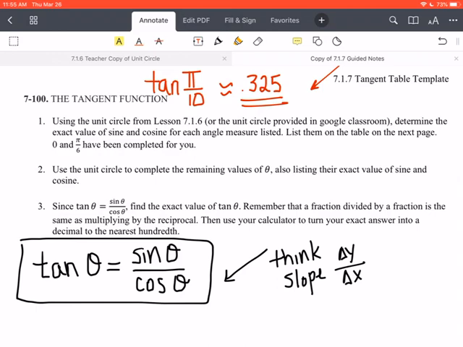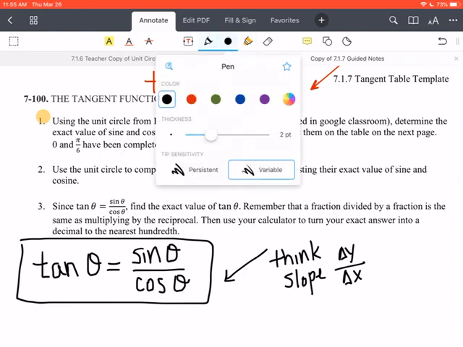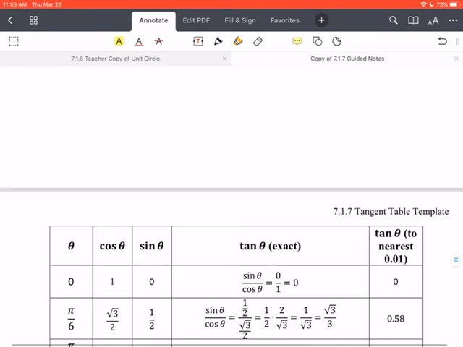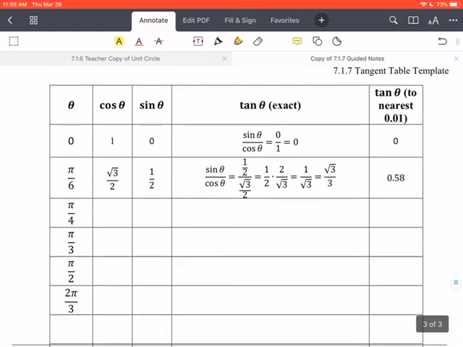So right now I want you to go to the third page of the note sheet, whether that's on your computer or printed off, and pause the video and try to fill it out on your own. Then you can always fast forward through me if that was a breeze. Don't think that you have to sit here and listen to me talk the whole time if you don't need to.